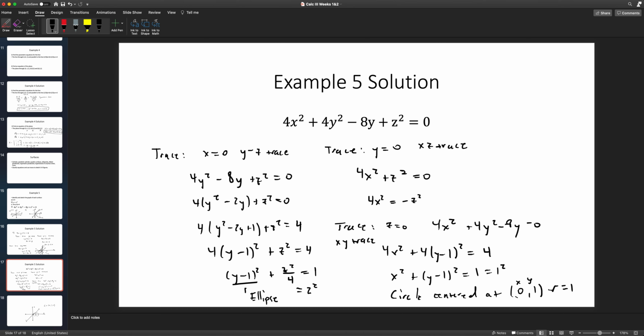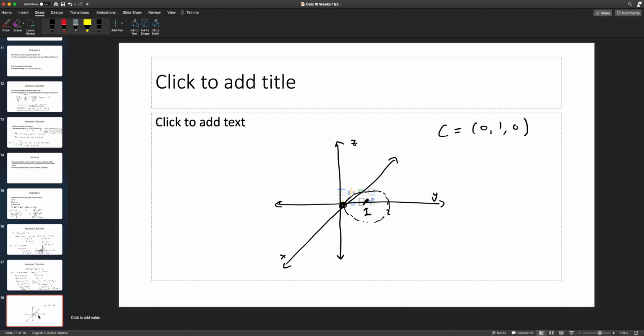So that's why it goes up and down 2 units, because it's 2 squared, and this goes left and right 1 unit, because that's 1 squared. So we need to go up 2 units from the center and down 2 units and left and right 1 unit. Obviously those overlap with these right here, so we don't really need to sketch anything more on there.